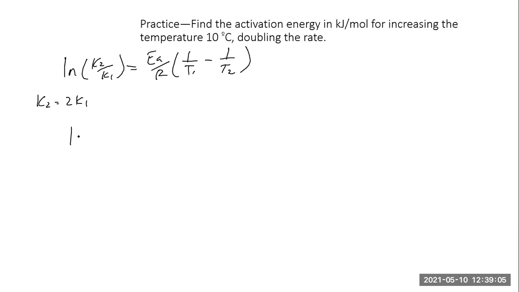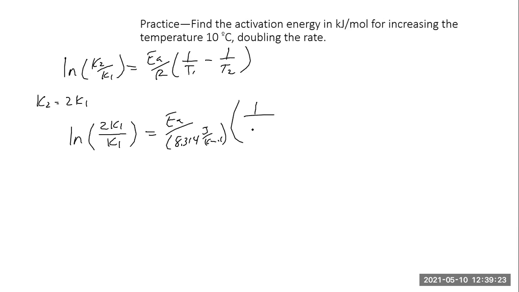Putting those values in, that will give us the natural log of 2 times K1 over K1. It gives us E of A over R, which is 8.314 joules per Kelvin per mole, times 1 over our first temperature, which looks like 300, minus 1 over our second, which was 310.